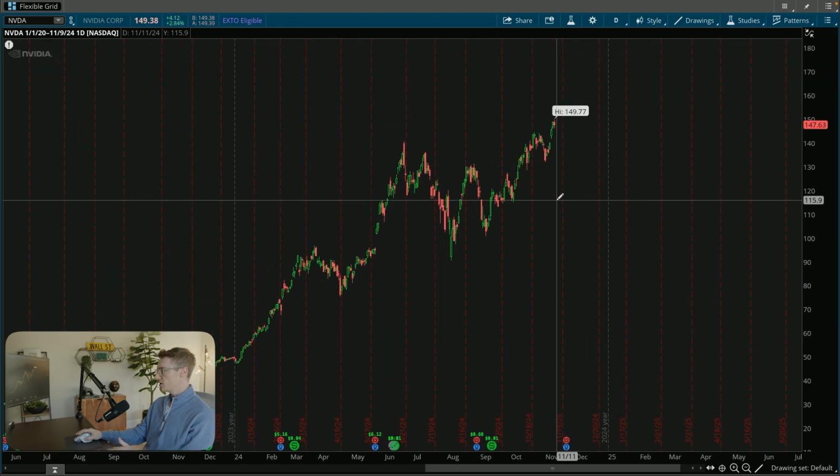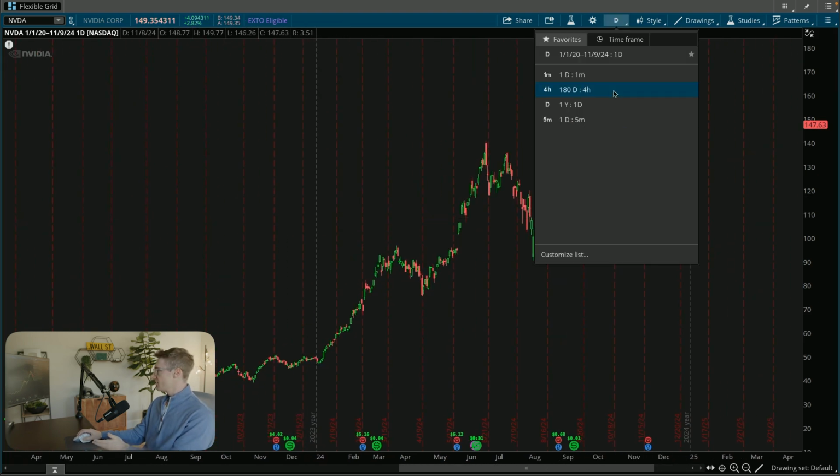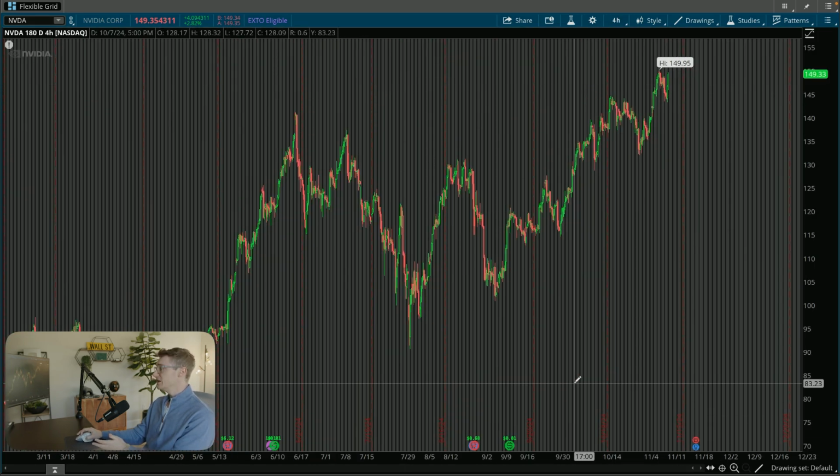So knowing that it's harder to trade against a trend, and that typically, based off my experience and a lot of traders I've spoken with, you will see an increased win rate when trading with the trend, how do we actually identify and really solidify when looking at a chart what the trend is? Now, some charts are very clean and very clear. Take NVIDIA, a very clean and clear chart.